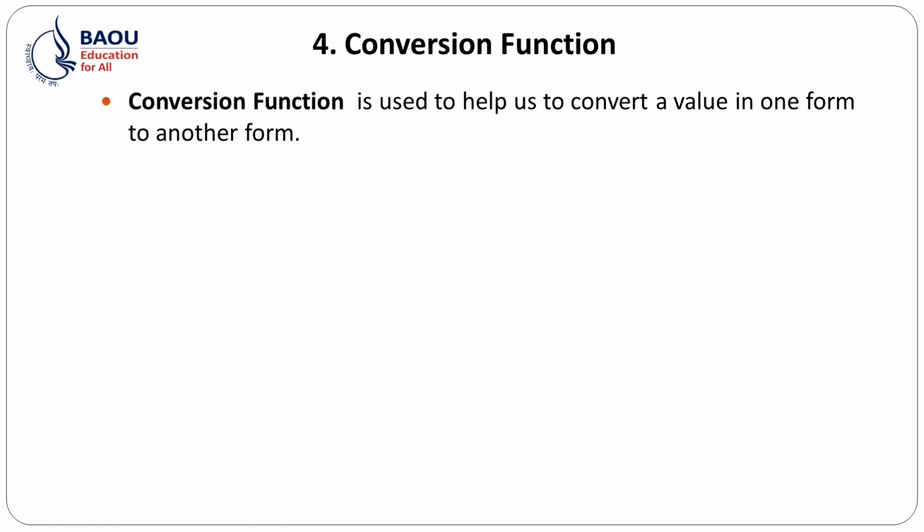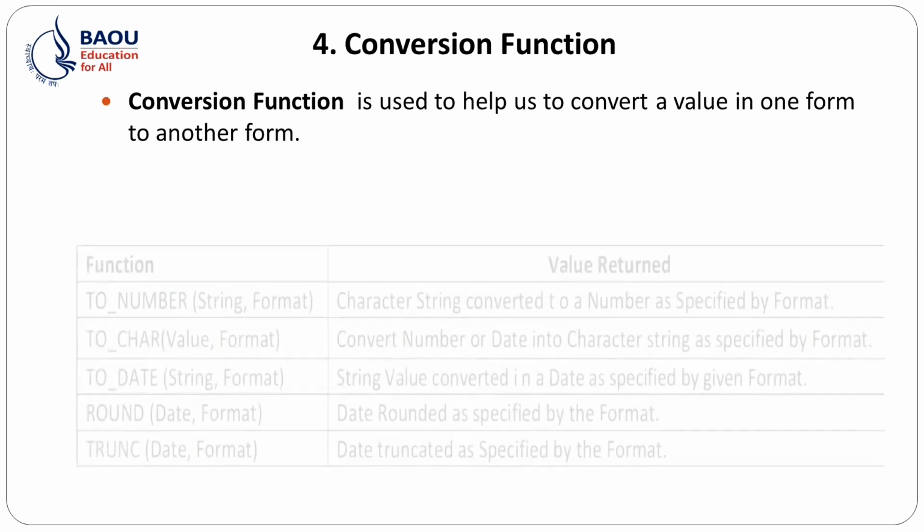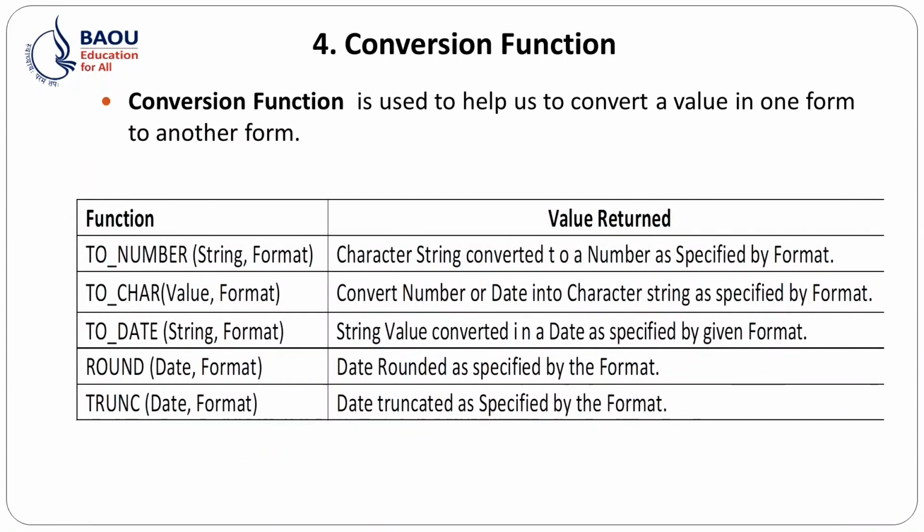Now the next is the conversion function. Conversion function is used to convert a value from one form to another form. See in the diagram here, to number is used to convert the string value to a particular format, that is numeric format.